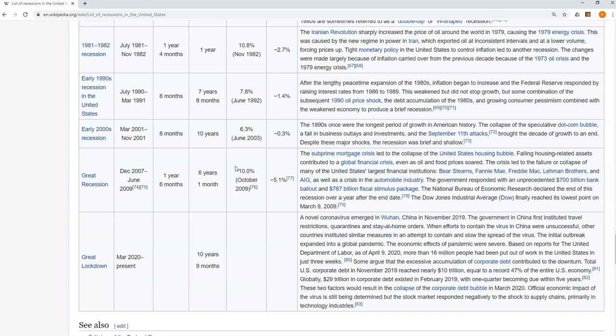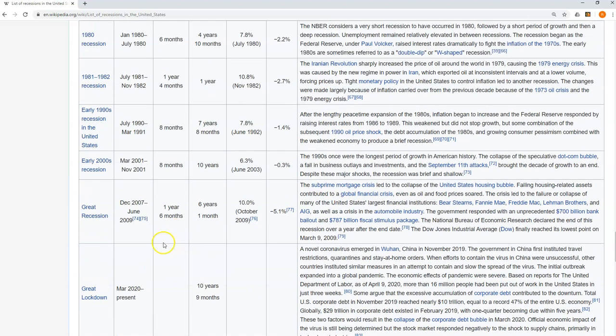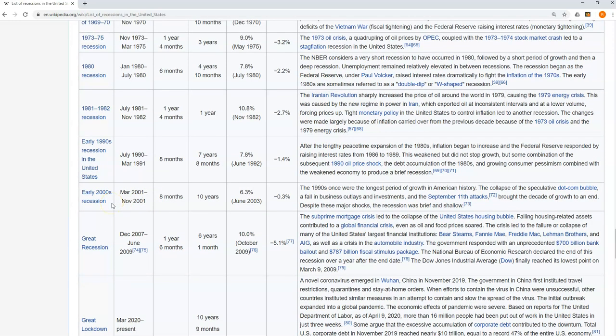The last one was the Great Recession, or basically a really long recession. It lasted about 18 months, somewhere between December of 2007 or January of 2008 and June 2009. It lasted about a year and 6 months. Before that one, we had the early 2000s recession.